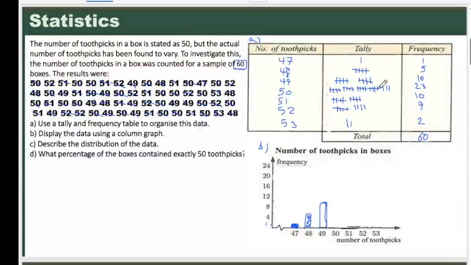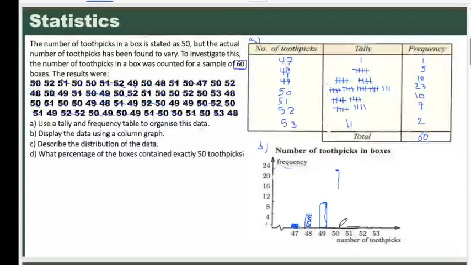For 50, I had 23. That would be here. For 50, it was 23.